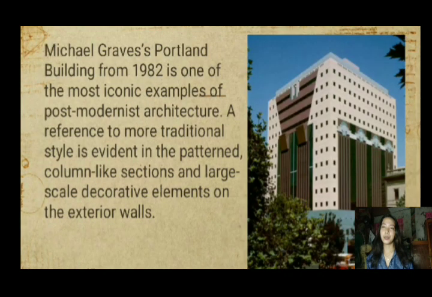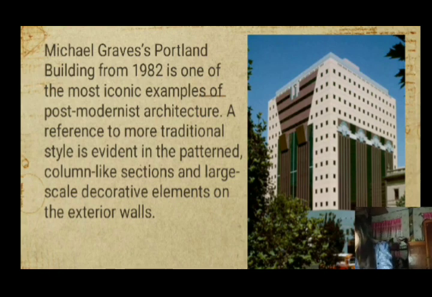Okay, so let's proceed to Michael Graves' Portland Building from 1982. It is the most iconic example of postmodernist architecture. Its reference to a more traditional style is evident in the pattern, so column-like sections and large-scale decorative elements on the exterior walls.